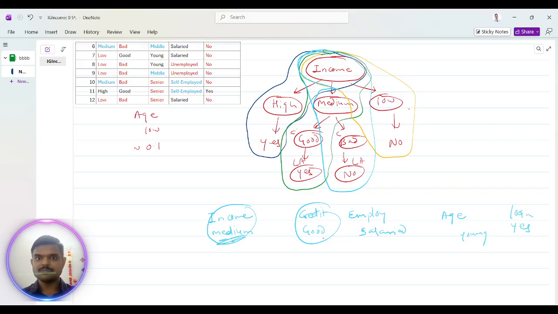So based on these parameters only, income and credit, we will give him the loan. Yes, it is done. So this is how the decision tree works. This is the prediction.